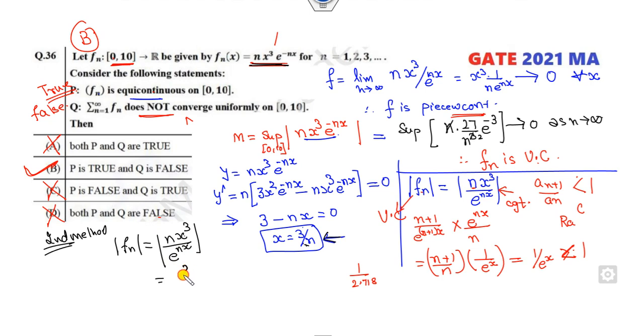It will be 27 over n square divided by e raised to power 3, and the rest of the part is constant. It is 1 by n square, which is convergent by using the P test. So again it shows that this is uniform convergent, but he said not, so that's why Q is a false statement. The right answer is only B.